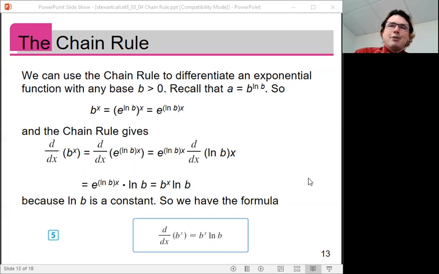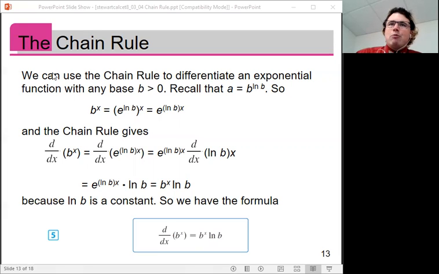Then I can rewrite b as e to the power the natural logarithm of b, right? The natural logarithm is just the number such that e to that power makes b.